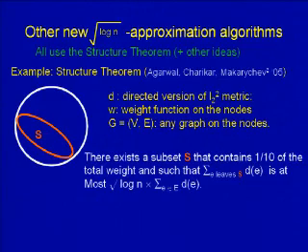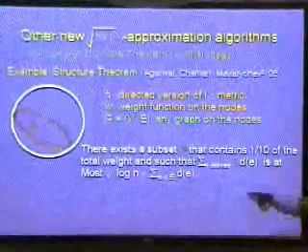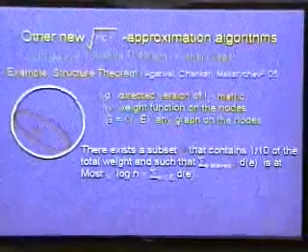And what you prove is that there exists a subset S that contains a tenth of the total weight, such that the distance associated with all the edges leaving the set is at most square root log n times the distance over all the edges. This is very similar to a technique introduced by Leighton and Rao called the region growing idea, except there they had log n instead of square root log n.